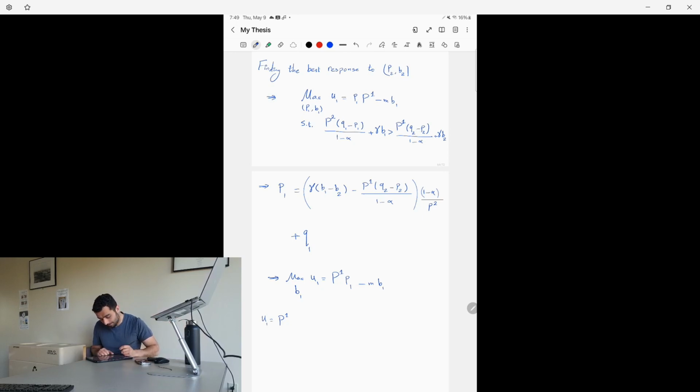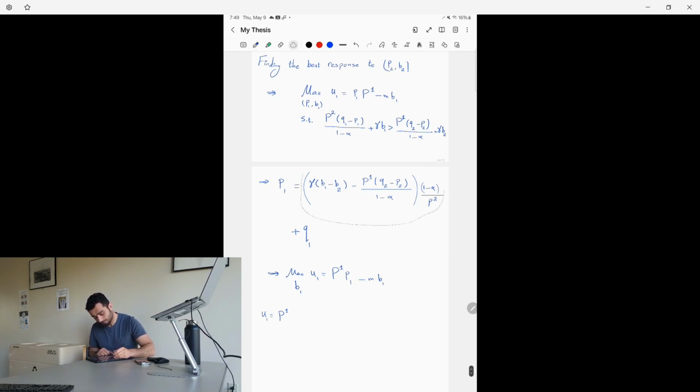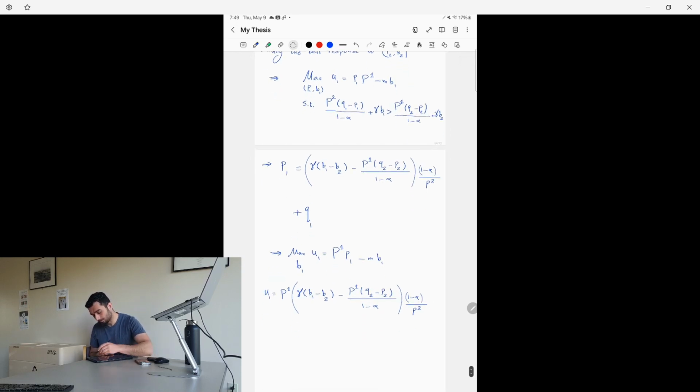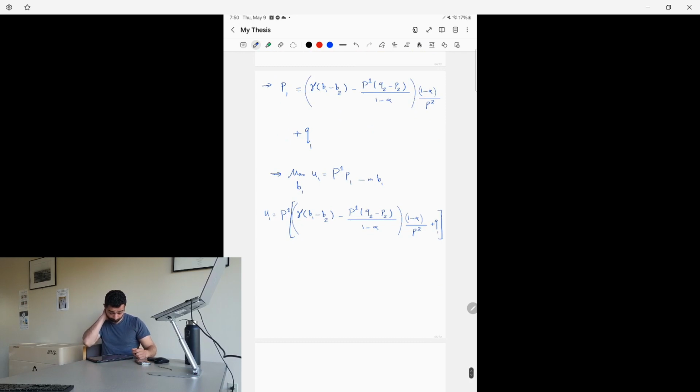U1 equals P1 times this plus Q1 plus Q1 minus M B1, right?